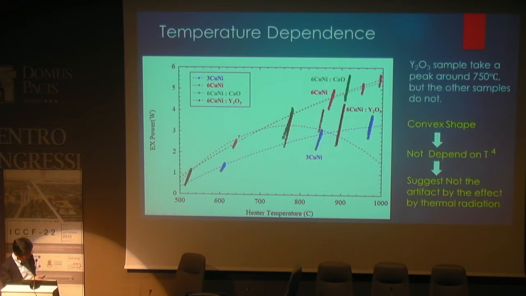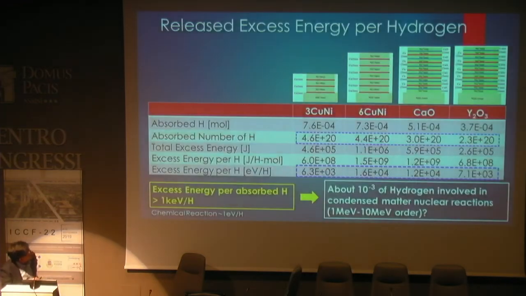And if we estimate the released excess energy per hydrogen, we can show you here. This is the 3-layer, 6-layer, calcium oxide and Y2O3. We can see that the absorbed number of hydrogen is almost all the same, but larger for the normal layer.